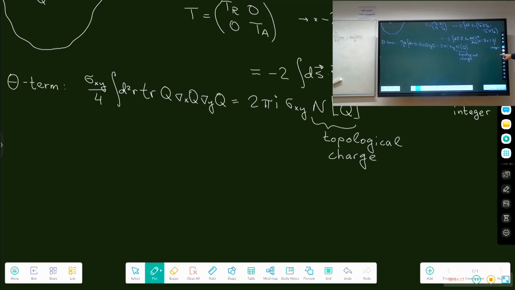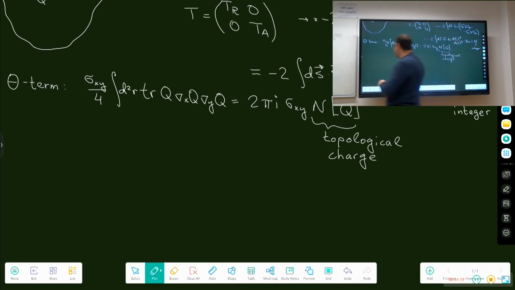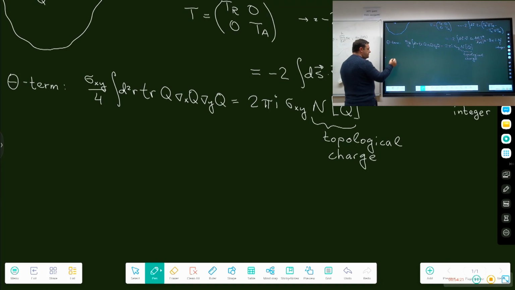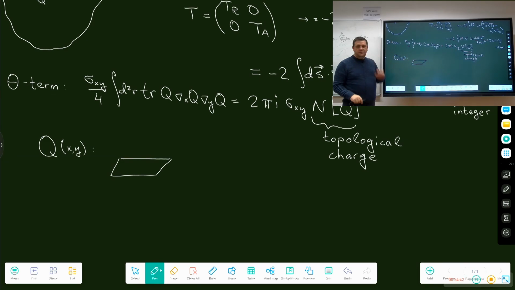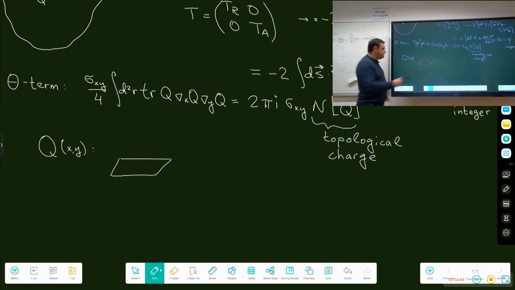I promised to explain why this is called a topological charge. So the explanation is easy. Our Q matrix depends on X and Y, right? So what does this Q matrix do? We have our real space, our two-dimensional space. X and Y live in this two-dimensional space.